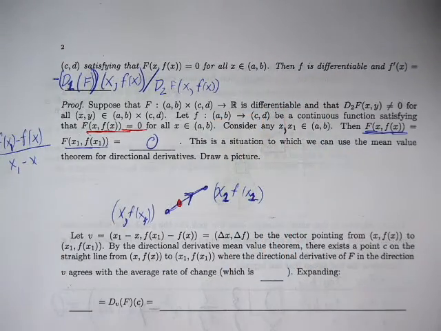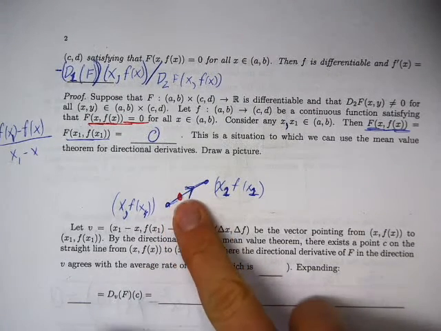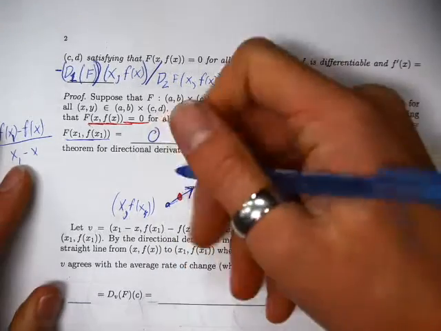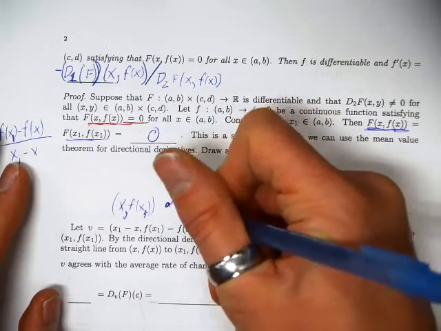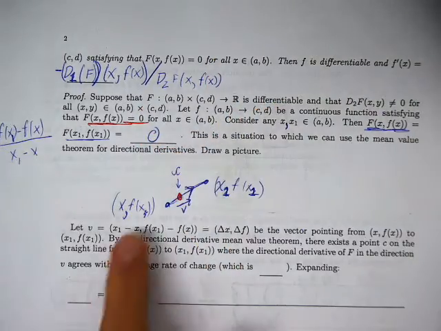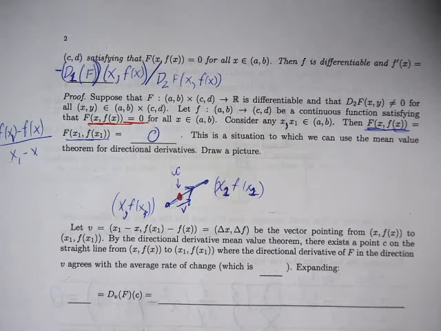Midway through revising my notes, I did change notation, so that's why that stuck in my head. So there's some point C, and let's look at the vector v, which points from this point to that point. We could normalize it, maybe we should, but it won't make a difference.